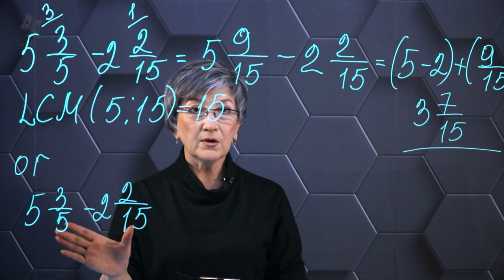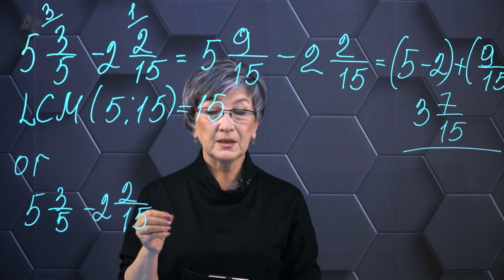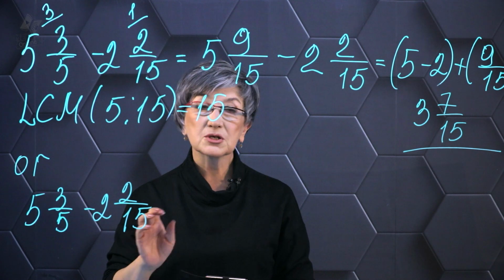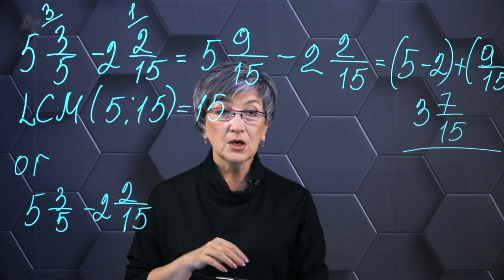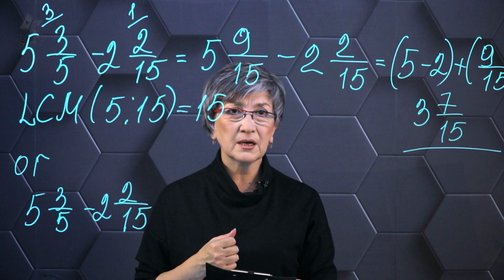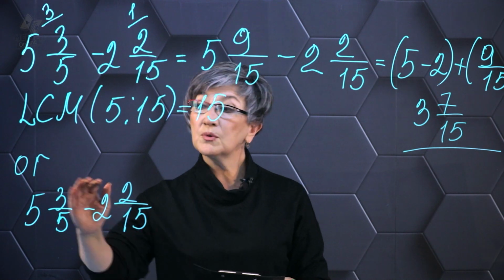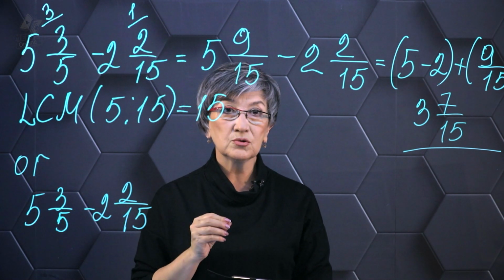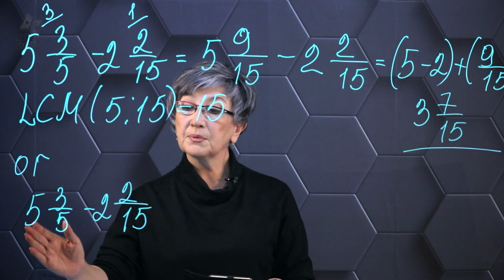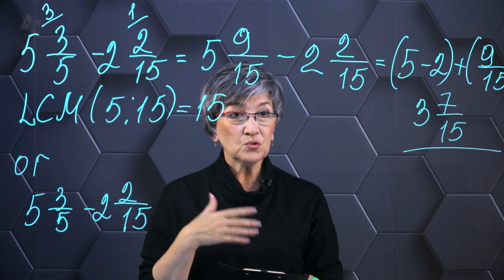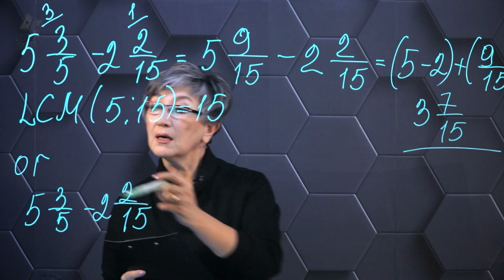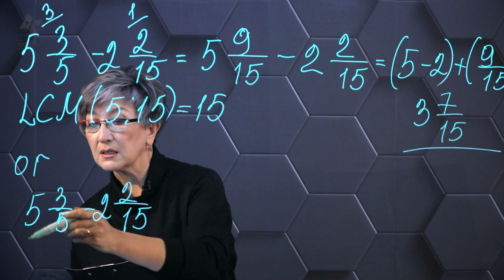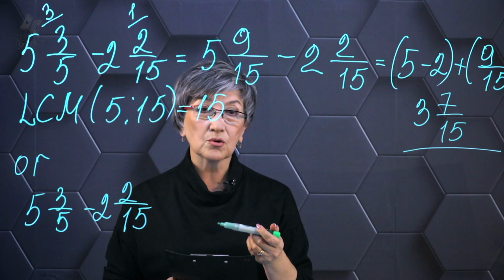If the important condition we must fulfill is to bring mixed numbers to a common denominator, then what can we change in our algorithm of the solution? The fact is that we can convert a mixed number into an improper fraction. If suddenly you are stressed by these whole numbers and you are not comfortable working with them, we convert the number 5 3/5 to an improper fraction.